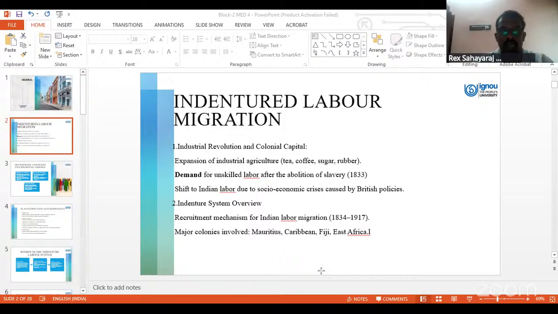the learning objectives: we are going to learn the definition, context, and regional origins of indentured labor migration, and the main features of this indentured labor migration, plantation life and resistance, which is a very important aspect of this labor system, and an overview of how Indian women were treated or marginalized in this indentured labor system, and the construction of identity and Indian indentured labor migration across the world with case studies.